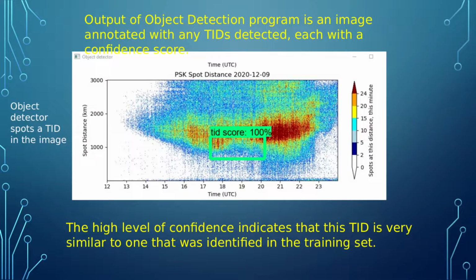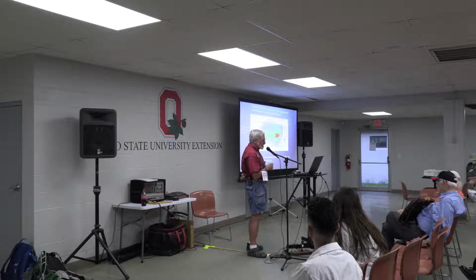And it draws a little box around the area that it thinks represents the pattern of interest, and it gives a score. Now, this is an awfully high score, this 100% confidence. Apparently, this pattern that you see here is very similar to something that was in the training data.